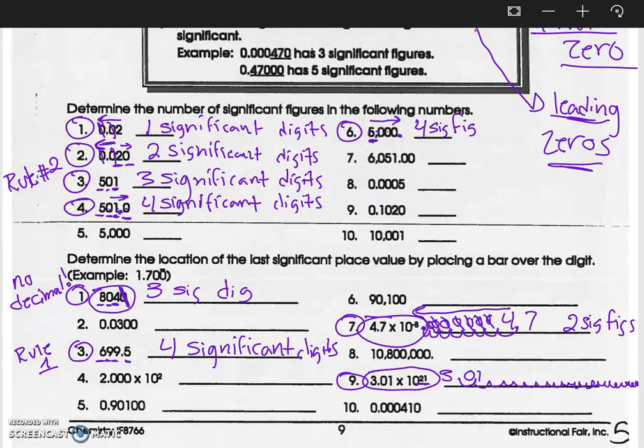So even though the standard notation of this 3.01 times 10 to the 21st would be 301 with 19 zeros following it, we only have 3 significant figures. This 10 to the 21st is an action that we're doing to this number. So we only determine significant figures by this first number, not by the 10 to the 21st. Hope that helps.